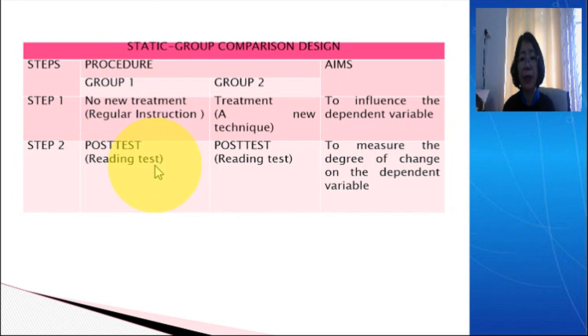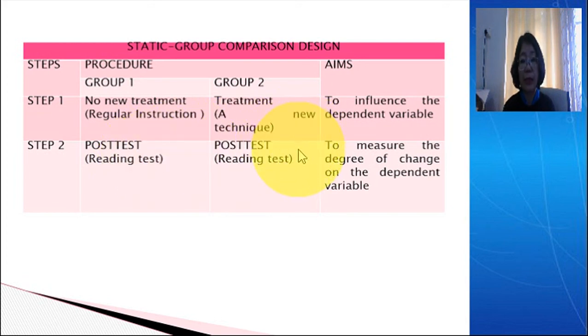By and large, if our treatment is very good, children of group 2 should read well with comprehension in the post-test, because they were taught the technique of reading with comprehension skill. In the control group, it depends on the student's ability and the teacher's teaching whether they develop that skill. However, if the treatment has made an impact, we can see it in the post-test of group 2.